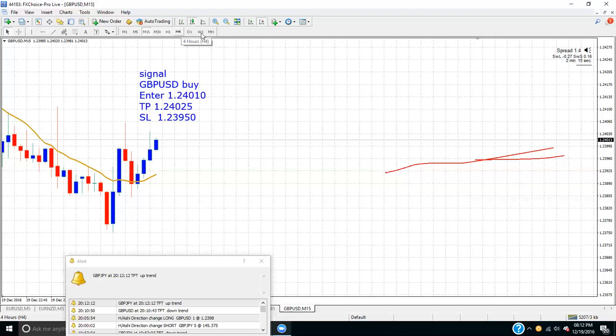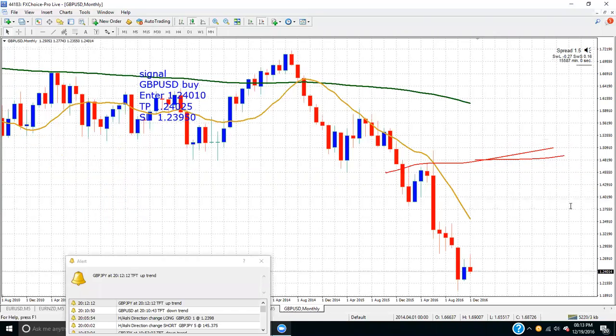So if you get a buy signal, I like to take a look at all the time frames. I don't just look at one, and after you've looked at them for a while, you're going to remember maybe what this one said, maybe not. But for instance, this one on the monthly time frame, this is the GBP USD.